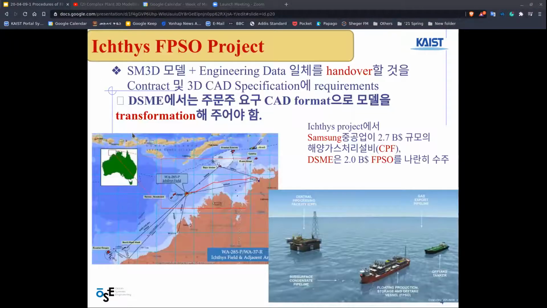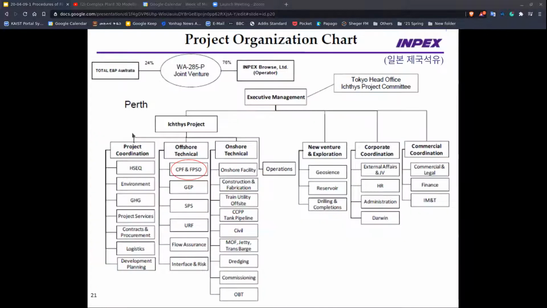So this is an FPSO project. An example, I think this is the northern part of Australia, and the contractor is Samsung for this project. This is a project organization chart, and Inpex is the owner or client, an oil major from Japan.